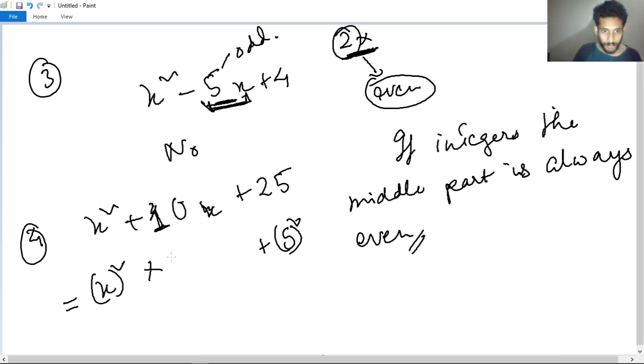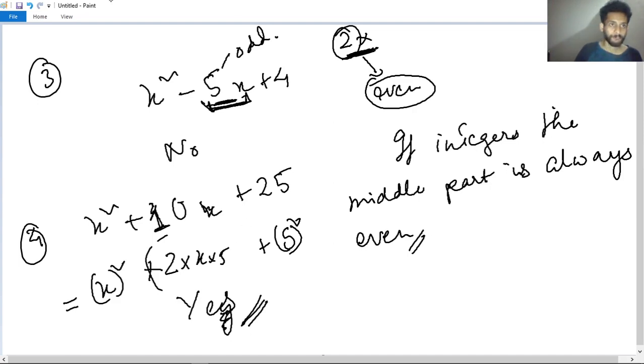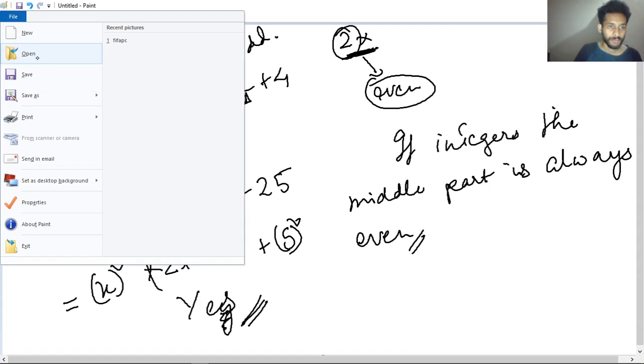So it is 5 squared and here it should be 2 into x into 5. So it is satisfying here. So this answer is yes. I guess the next part you can do it.